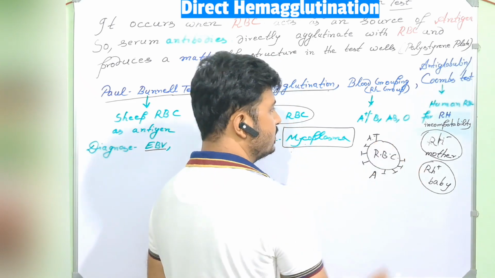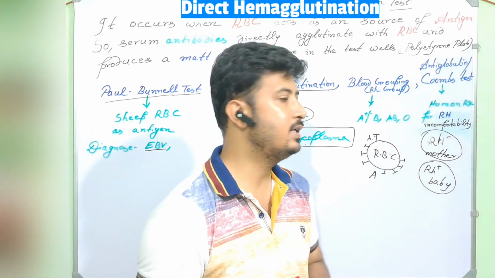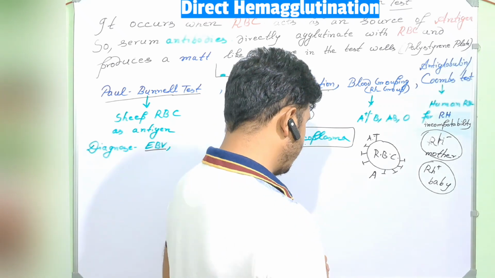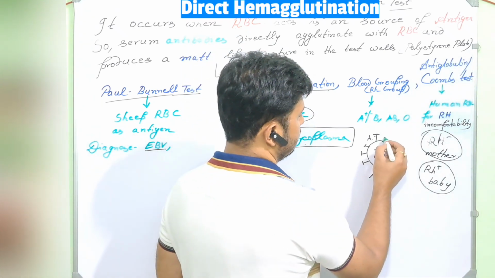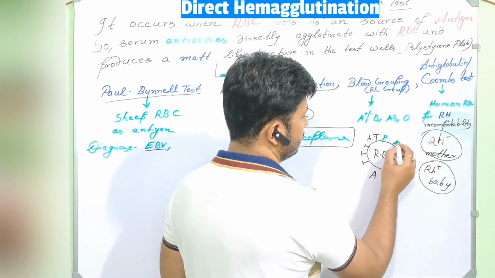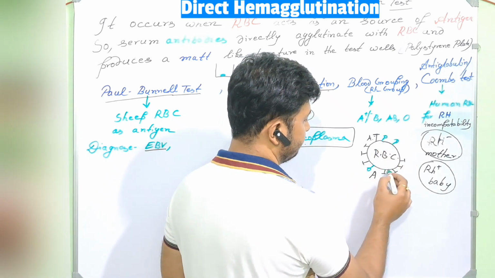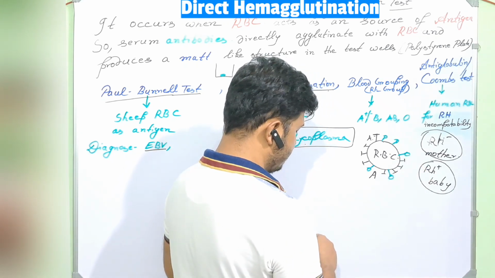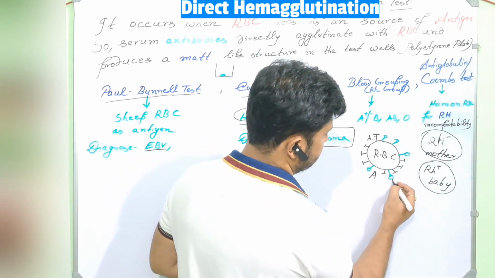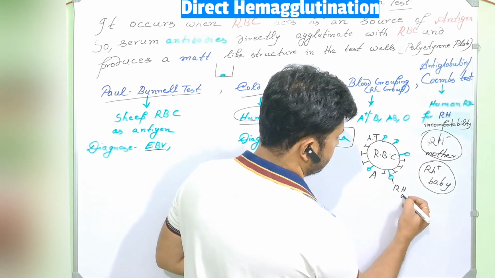Now, apart from that A antigen, there may be a separate antigen present in several individuals, which may look like this. And this is named the Rh antigen.